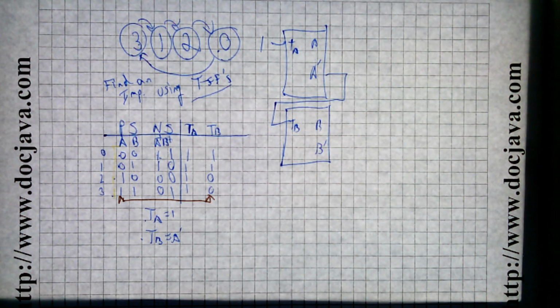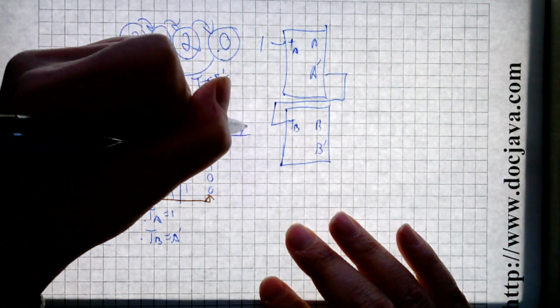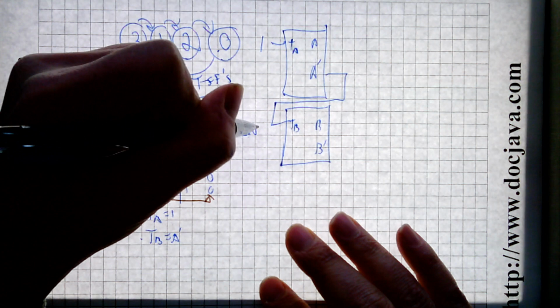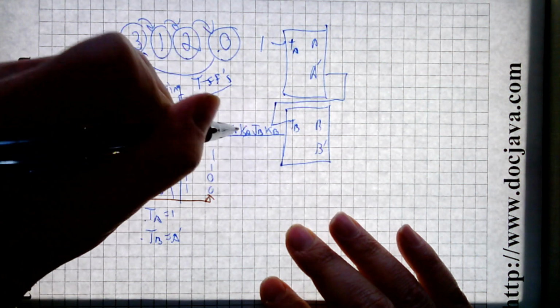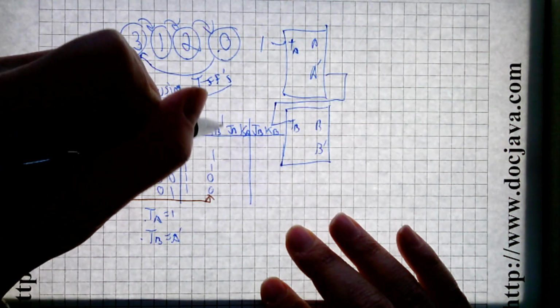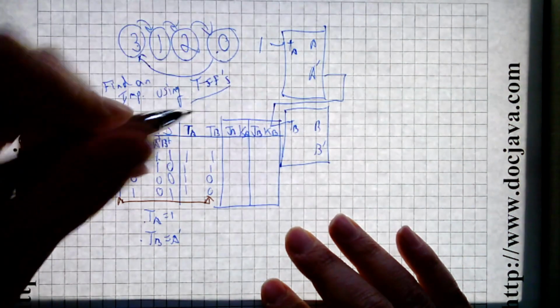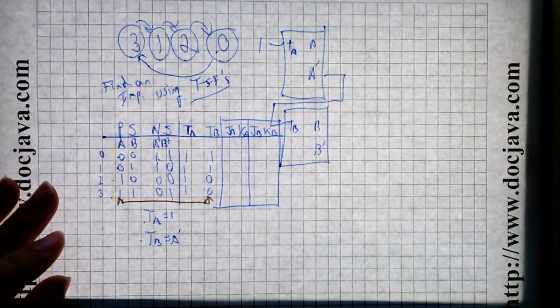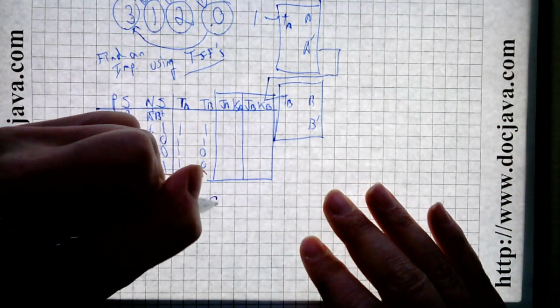And that's it. Now, here's the tricky bit. Suppose you wanted to re-implement this with JK flip-flops. It's going to change your implementation somewhat, and you're going to need your remapped excitation table.